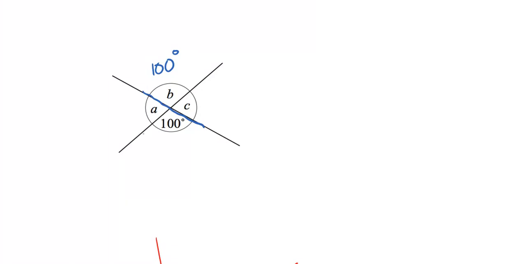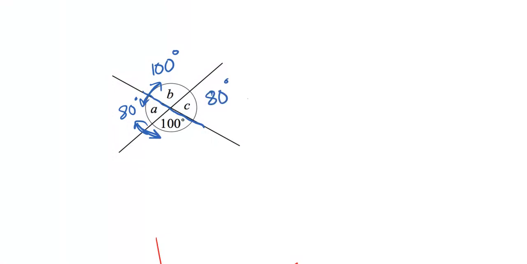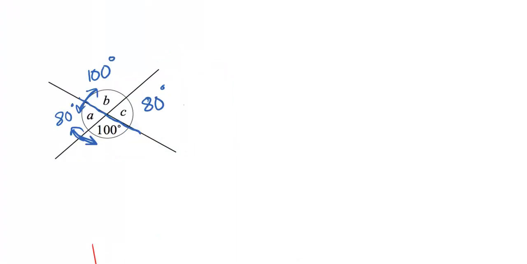So if we already have 100 degrees, that means that this A must be 80, because these two angles must add up to 180, just like these two angles must add up to 180. And because they're opposite angles, we can see that C is also going to be 80 degrees. So A and C are both 80 and B is 100.